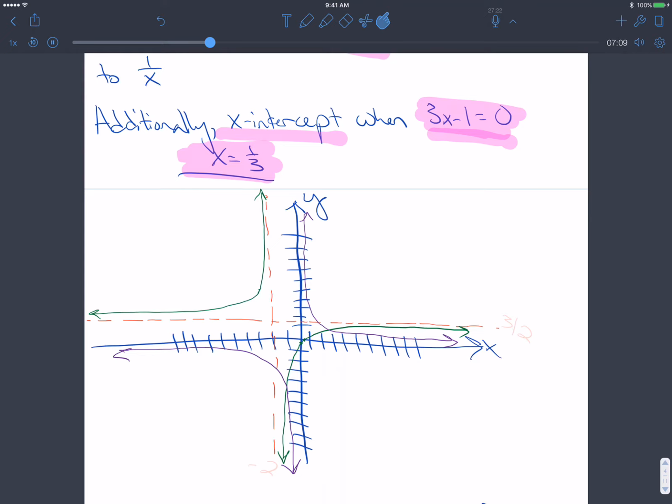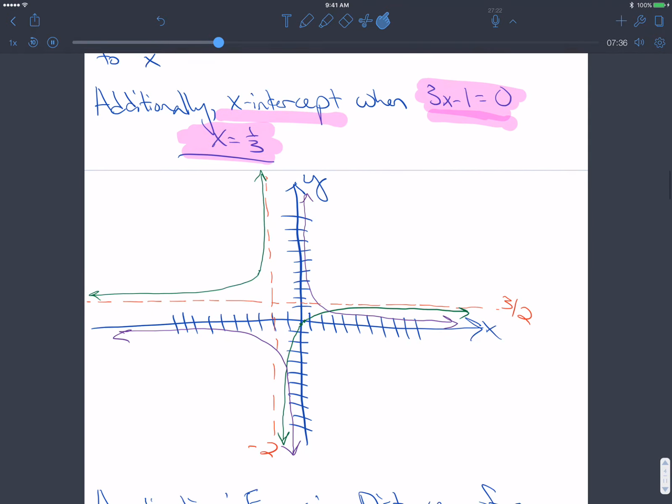We flipped it over the x-axis, we shifted it up by 3/2, and we shifted it to the left by 2, and then it's got a little bit of a stretch to it also from the 2 and the 7 that cause it to look a little bit different than just flipping it over and moving it. Okay? But I hope this helps you with the visual. There's a reason that I attached a Desmos lab to this section, and that's because it is the hardest section to visualize. So bear with me.